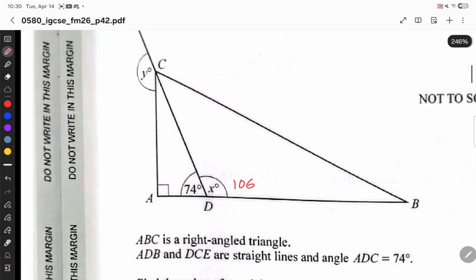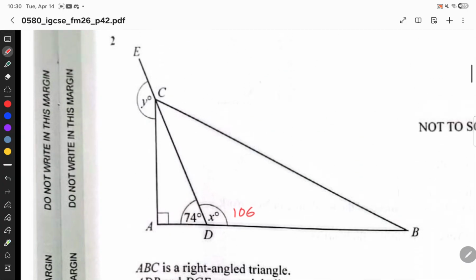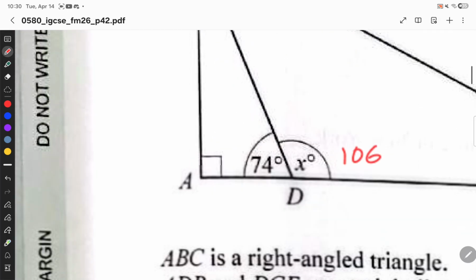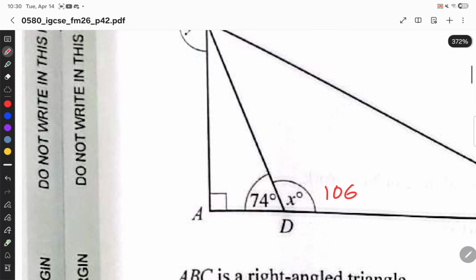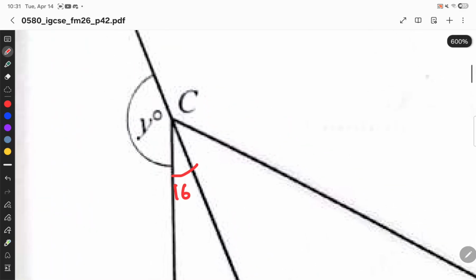This is 106, and the angle of y we can calculate. y is this like 180 thingy, so this is 180 minus 90 minus 74 is equal to 16. This is the small bit, and the remaining would be 180 minus 16 is equal to 164.